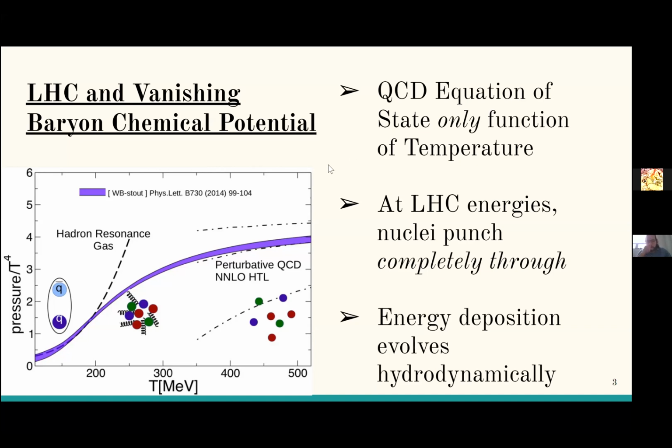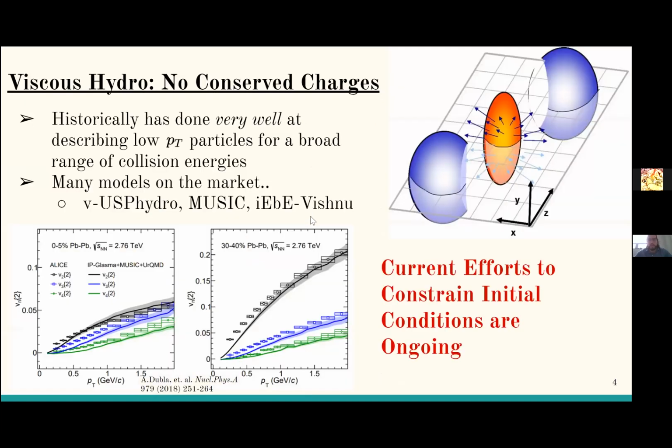The nice thing about LHC is that we know the equation of state. From first principles, we can go to the lattice and calculate it because there's no fermion sign problem. And the QCD equation of state there is only a function of temperature. So we can plug it into viscous hydro with no conserved charges and do very well to describe low pT particles for a broad range of collision energies.